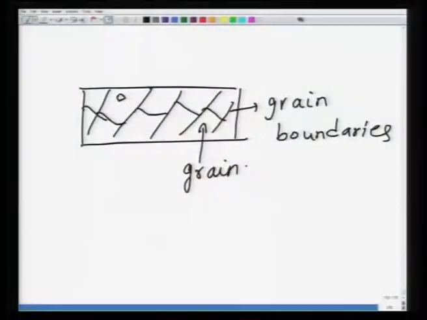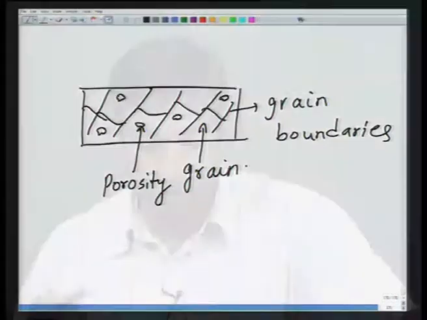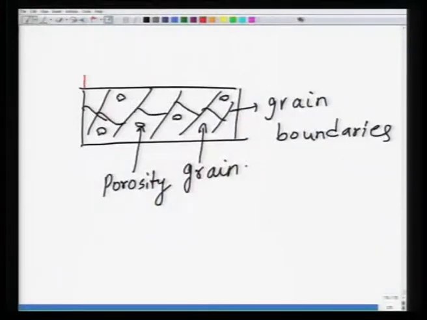Moreover, you can also have defects like porosity. So, this is, let us say, porosity. These are microstructural features. On top of that, you cannot make a dielectric measurement without putting a contact on it, which means I need to put a contact. Let us say this is a metal contact.